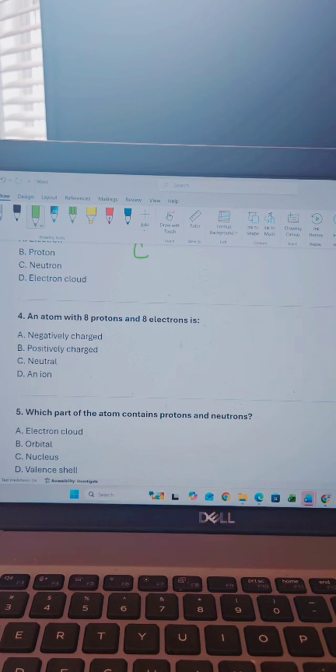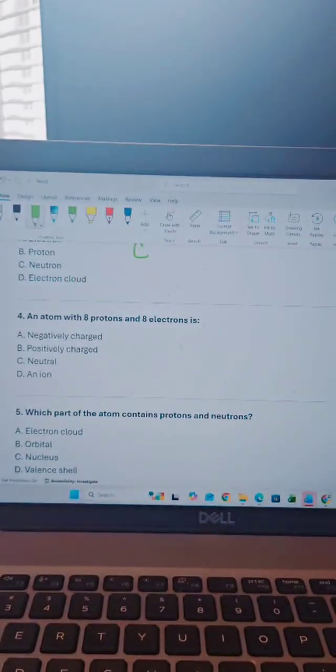Now, let me tell you guys how to interpret this, because this is a tricky question. When you think about what they're saying, you guys first of all think, what element is this? This right here is oxygen.